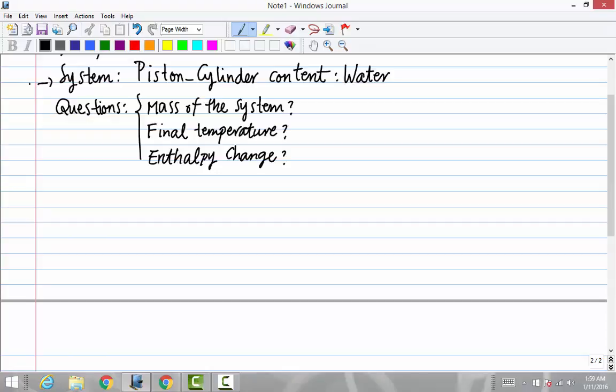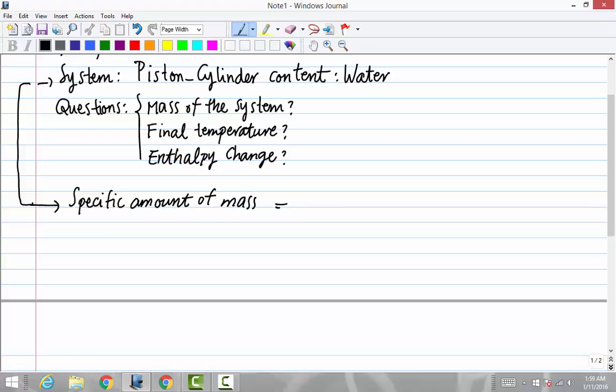Once again, we're talking about a specific amount of mass, which is the content of the piston cylinder device.